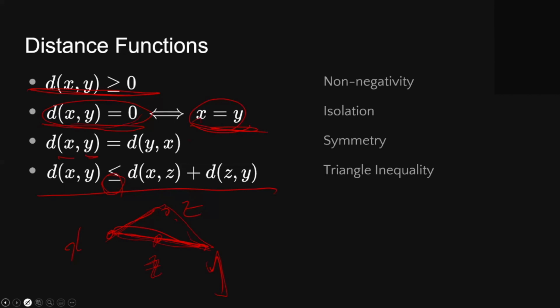Only when z is right in between x and y can you have the two sides equal to each other. Otherwise, the detour always has a greater distance than the shortcut. So those are the four properties that a distance function must satisfy. If any of these conditions is not satisfied, then you cannot call it a distance function.